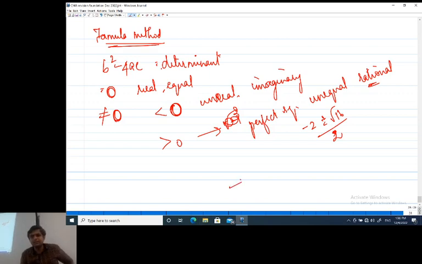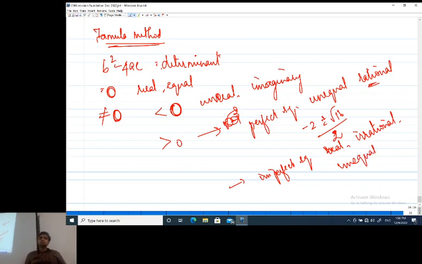Now if it is an imperfect square, then the roots are real but irrational as well as unequal. So there are 4 properties that you need to remember.